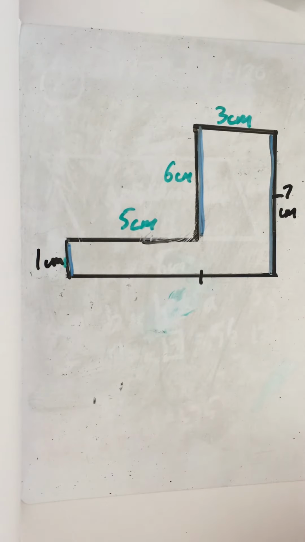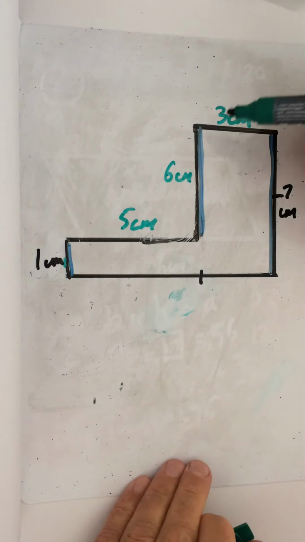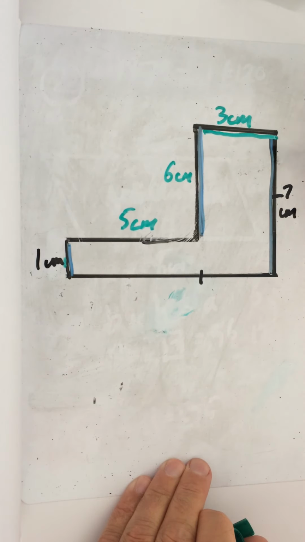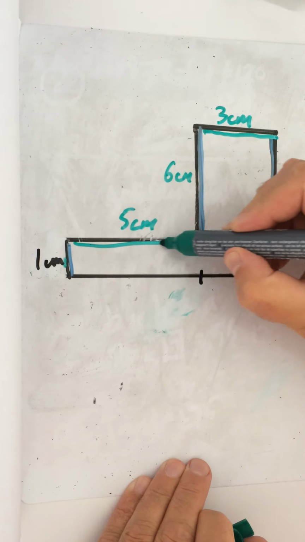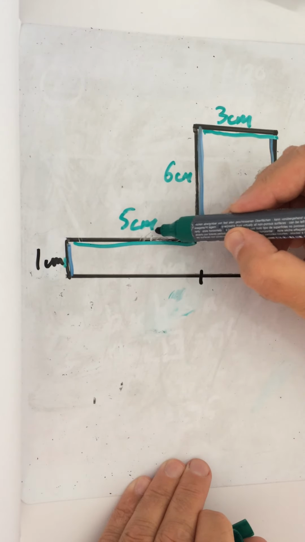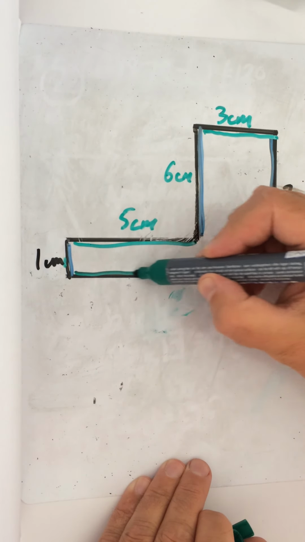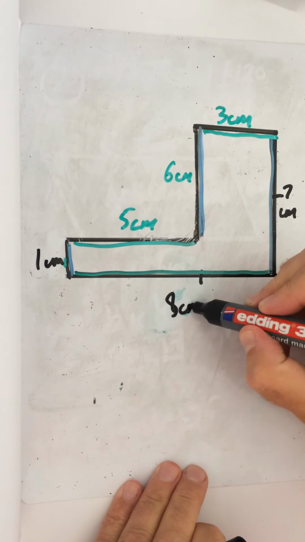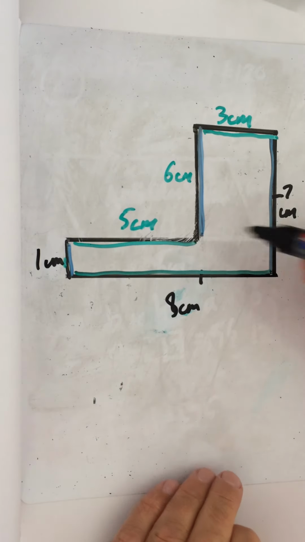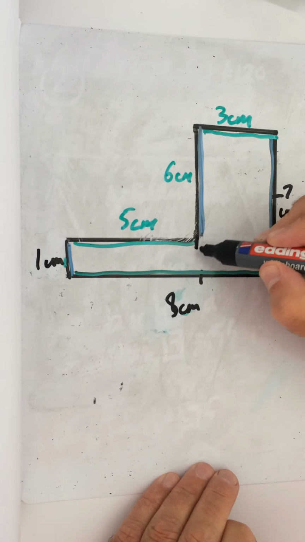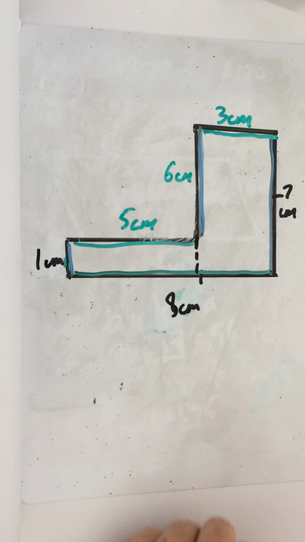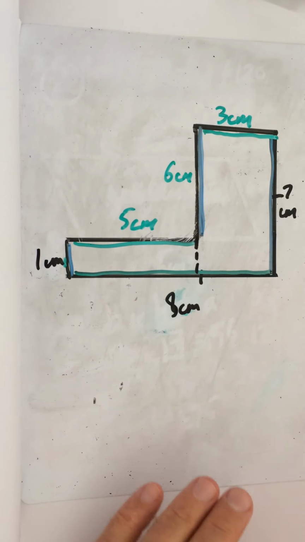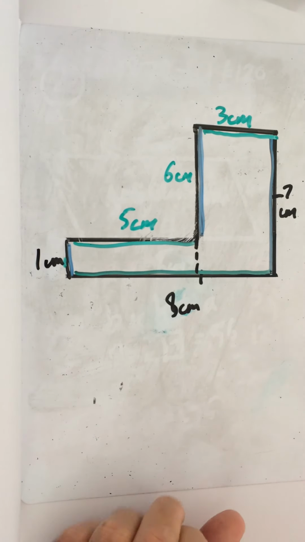Then if I look down here, I can see that this line plus this line, the 3 and the 5, will equal this opposite line that we need to find. So this would be 8 centimeters, and again all I have to do is split it up, as long as I split it into 2. In some of the shapes you have to split into 3 parts, but I'm just going to do these ones into 2.